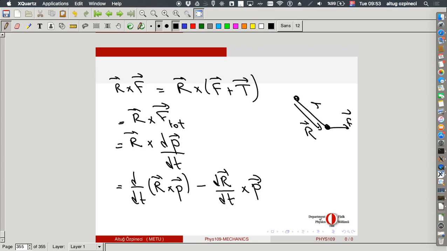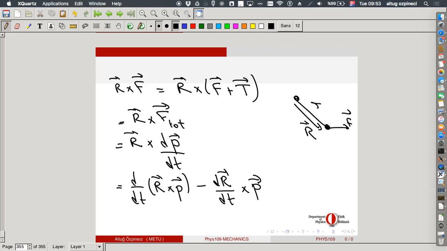If you take the derivative of a product, then that derivative is the derivative of the first one times the second one, which I subtract, plus the first one times the derivative of the second one, which is the term that I have over here. I just use Newton's second law for the total force, and I'm just using the derivative of the products.